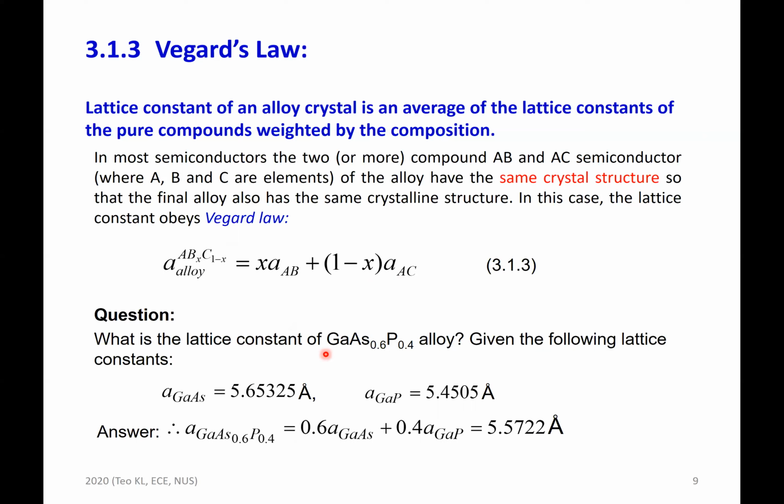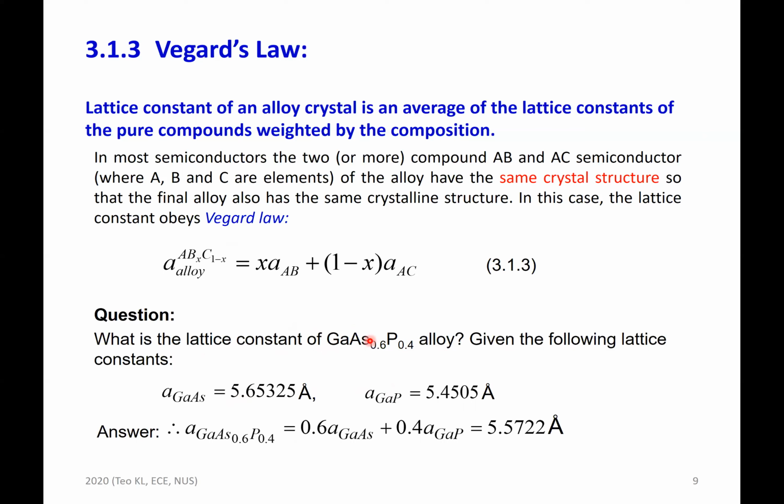What is the lattice constant of the gallium arsenide phosphide alloy, given the following lattice constants of gallium arsenide and gallium phosphide? If you look at the endpoint compound semiconductors of this alloy, they are gallium arsenide and gallium phosphide.